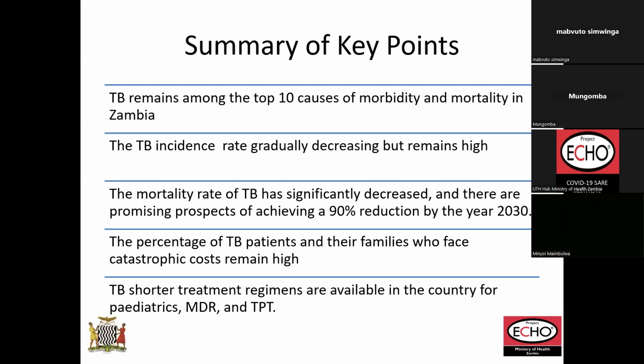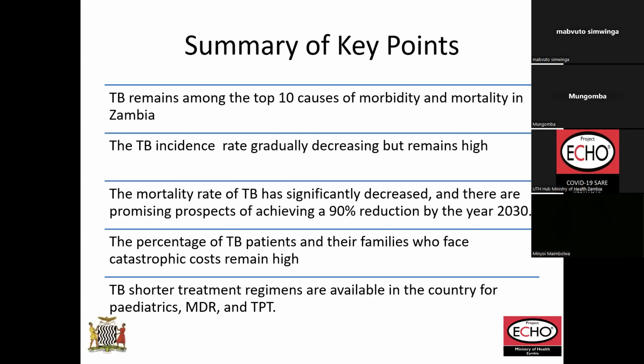That was a very good presentation, Dr. Mubanga, very informative. My question is, at one point you mentioned that there is support given to MDR patients who are having drug-resistant TB. I wanted to find out how that fund can be accessed.